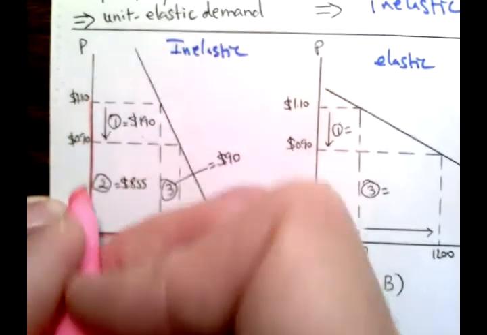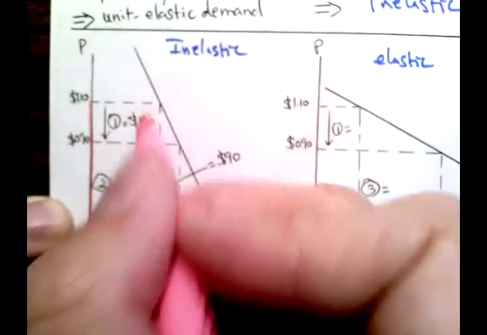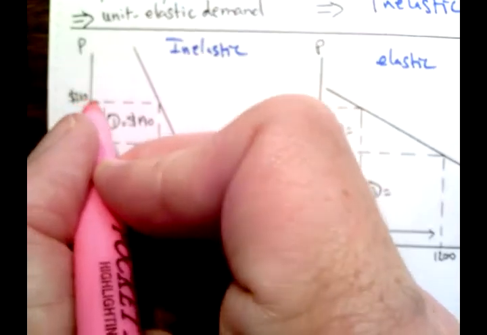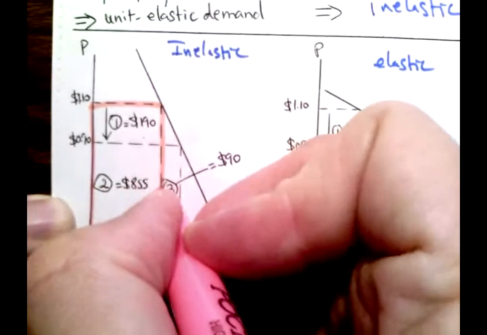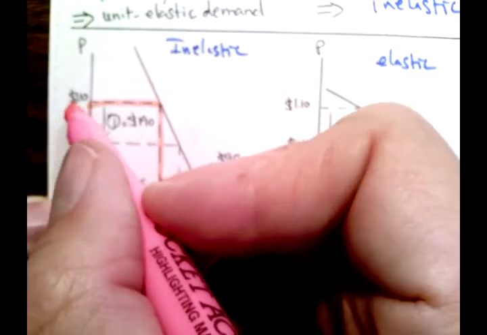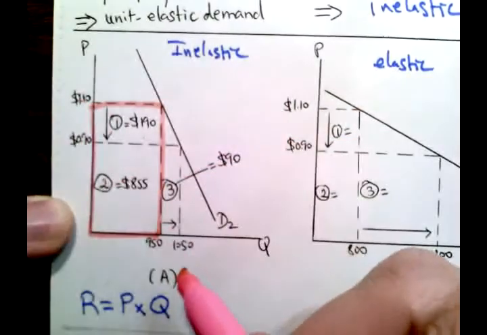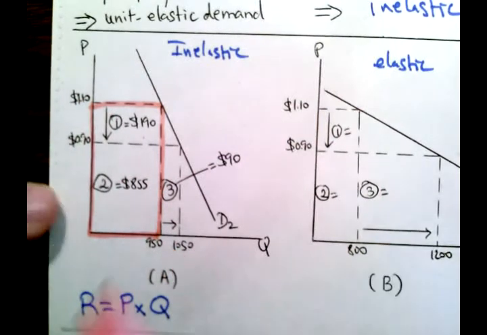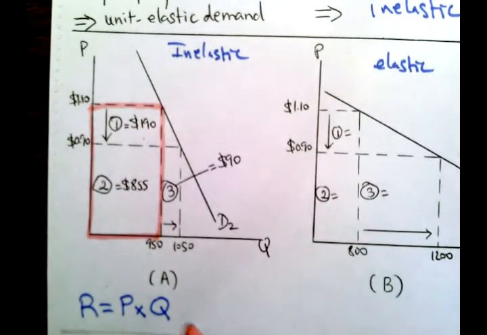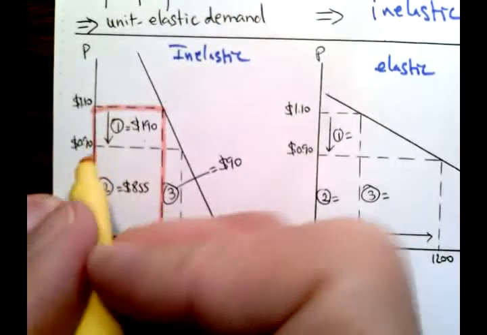For the first one you get $1.10, for the second one, the third, and up to the last one. So all of this, that's your revenue, P times Q, $1.10 times 950.